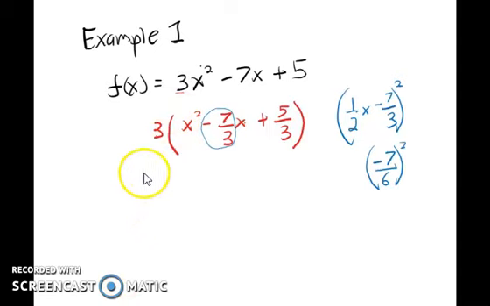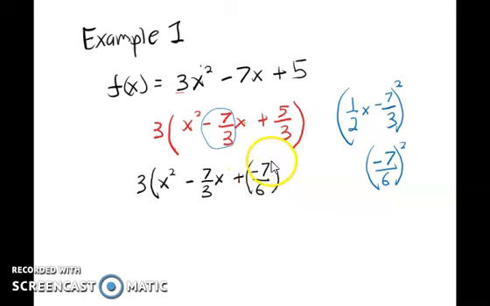Now we have 3 times x squared, then minus 7 over 3 x. First we add this term, so it becomes minus 7 over 6, and then you square it, we add it, then we subtract the same thing.